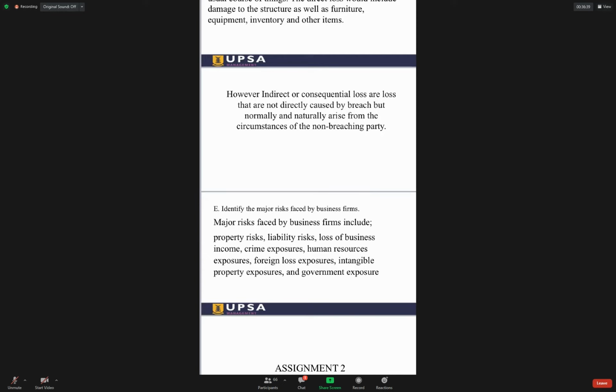So we have property risks, liability risks, loss of business income, crime exposures, human resource exposures, foreign loss exposures, many of them, even government exposures, because risk can go as far as affecting the states, not just individuals.